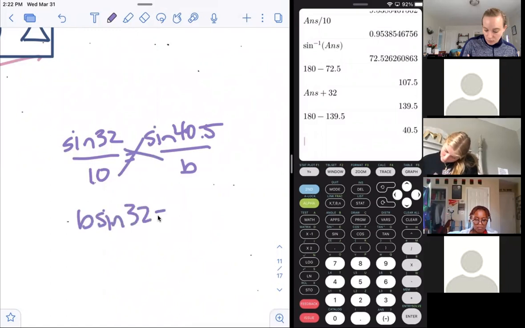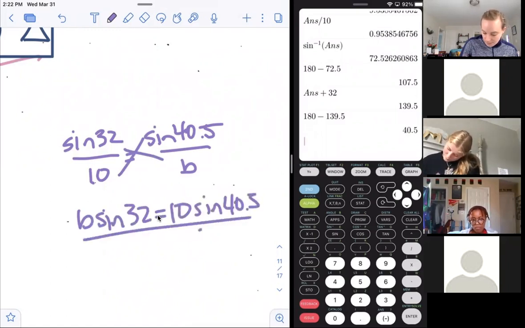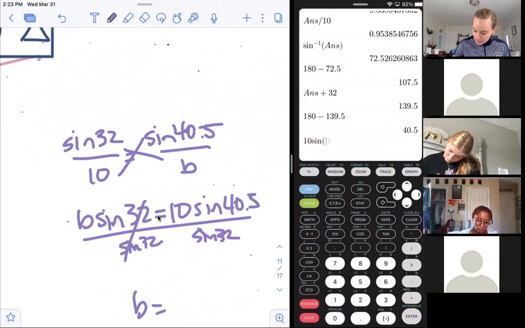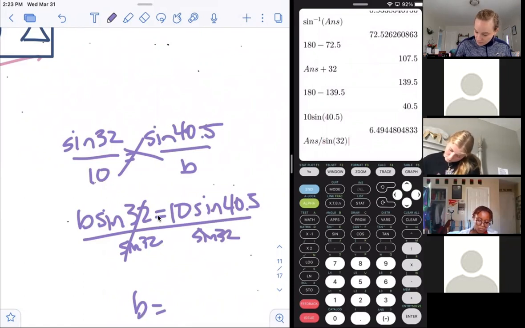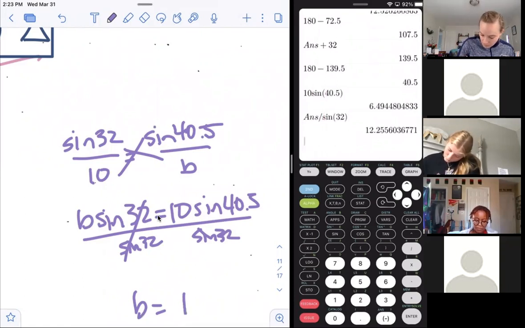And this is all like the work we did yesterday, so we should be pretty familiar with this one. Ten sine 40.5 divide by sine 32, 12.3.